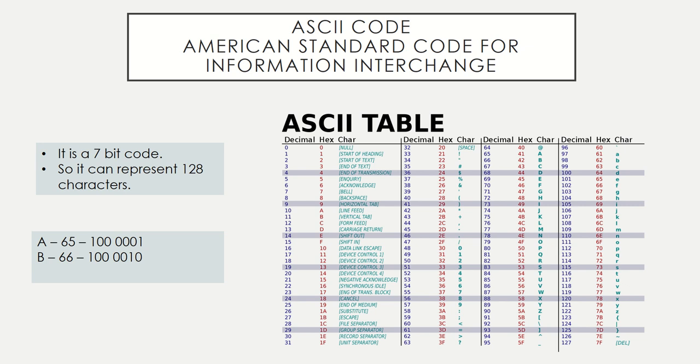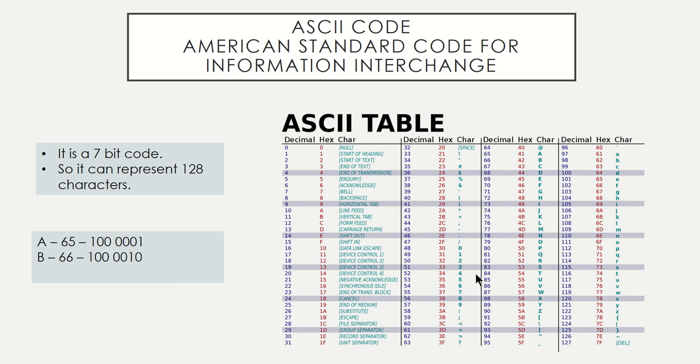To represent that, there are various ASCII codes. Your English alphabets A to Z start from 65 to 90, whereas the small letter a starts from 97 to 122.